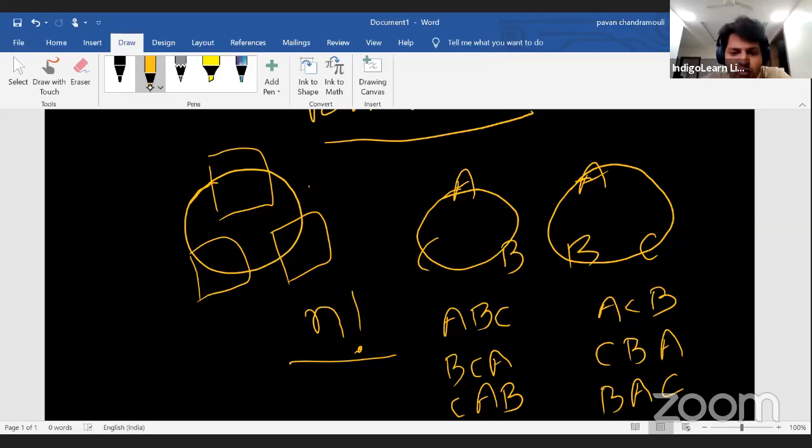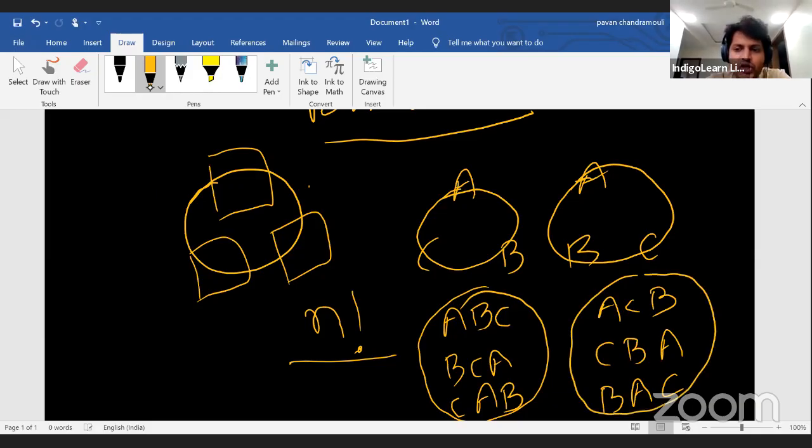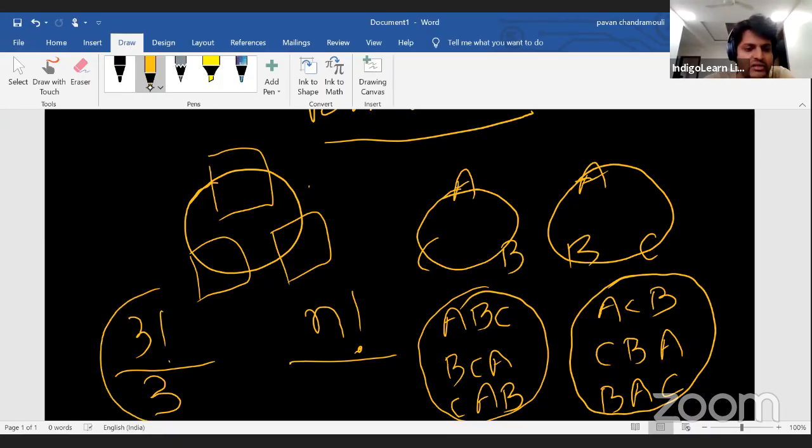Now, if I have to arrange the same 3 people on a circle, since every arrangement is counted thrice, we have to divide by that factor to eliminate multiple countings. If I'm arranging 3 people, the linear arrangement is 3 factorial, and since every arrangement is counted thrice, 3 factorial by 3 gives the answer as 2. So these are the 2 arrangements.